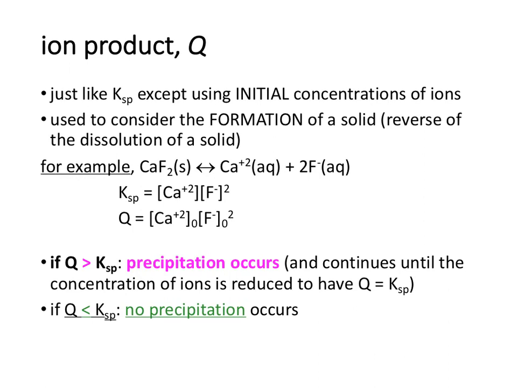And that will continue to happen until the concentration of the ions has reduced sufficiently that Q and K end up being equal. Now, if Ksp is greater than Q, then no precipitation is going to occur. So the comparison of these two values will allow us to decide whether what we have in solution, or what we're combining, is going to cause a precipitate.